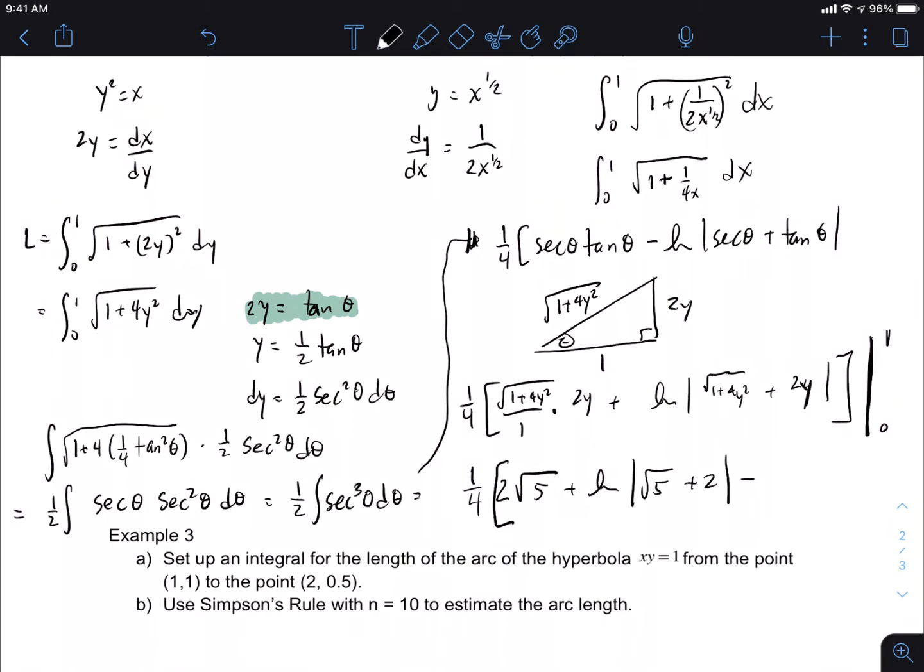So this will be 0, and then my final answer is going to be 1/2 root of 5 plus 1/4 the natural log of root of 5 plus 2.